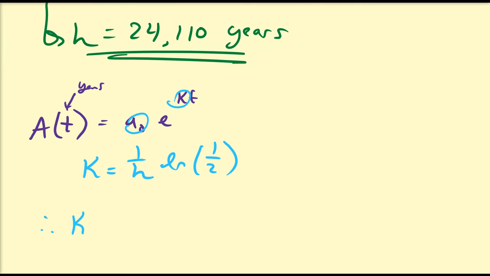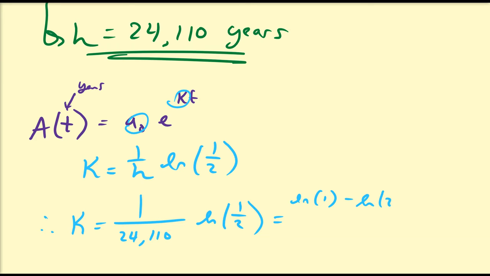So therefore, k is going to be equal to 1 divided by 24,110 times the natural log of 1 over 2. And we can rewrite this using our properties of logarithms, because it's actually the natural log of 1 minus the natural log of 2, over 24,110.